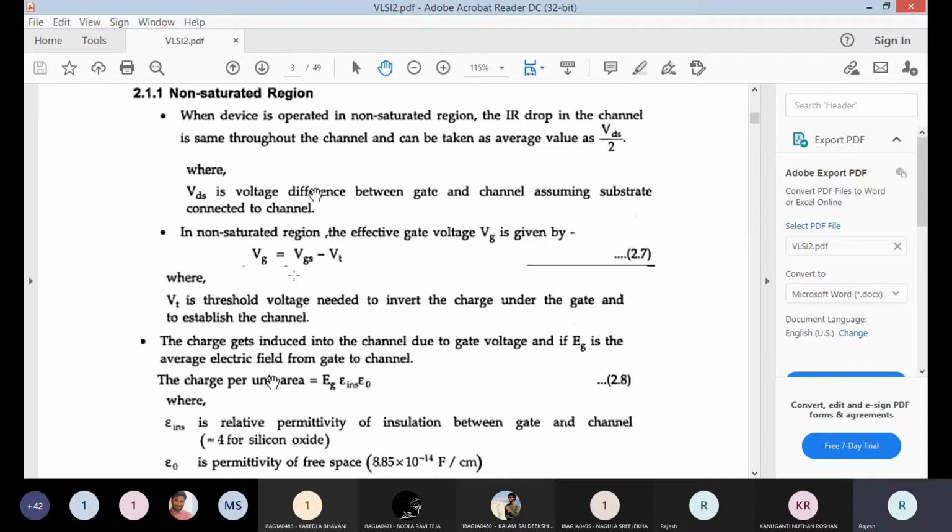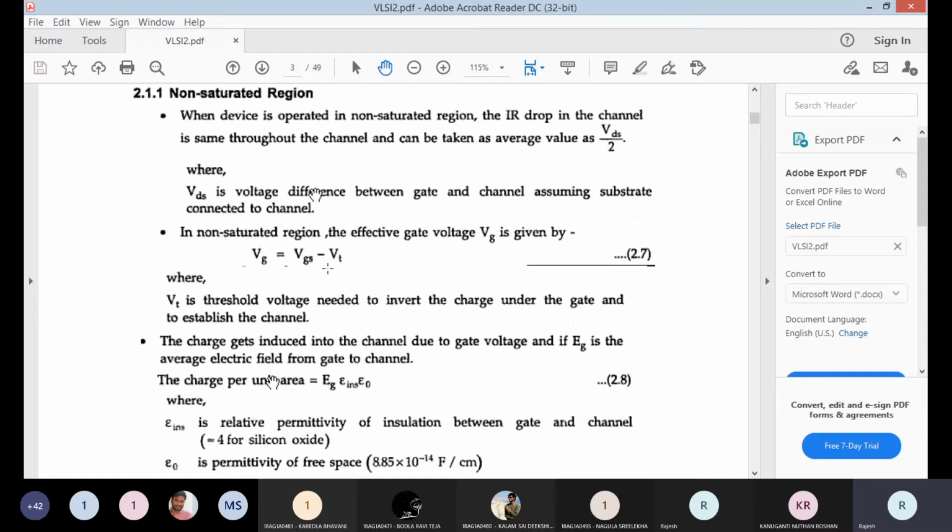Here the effective gate voltage is called VGCH, but it is written as VG here. The minimum voltage required to establish the channel is the threshold voltage. So above threshold voltage, whatever you apply will increase the concentration of electrons in the channel. For example, if VGS is 1 volt, you get 5 electrons.